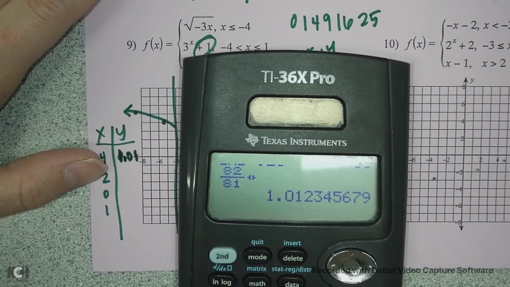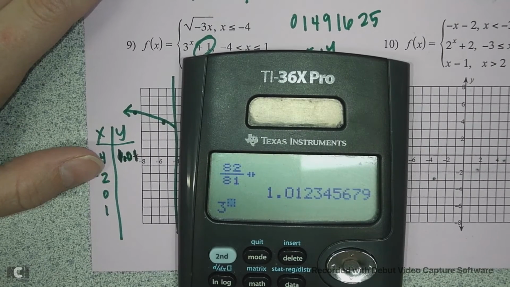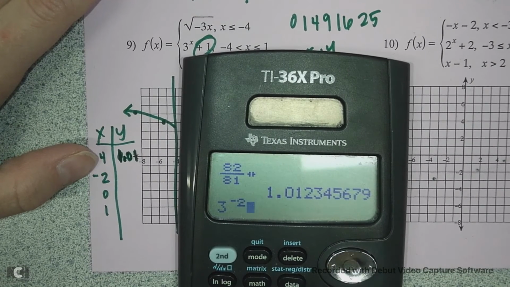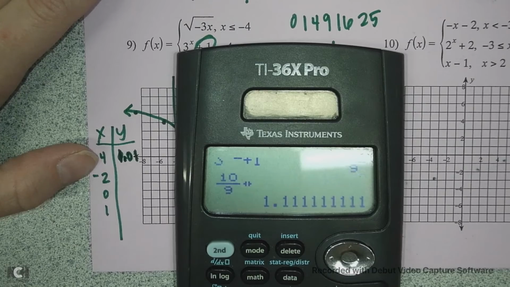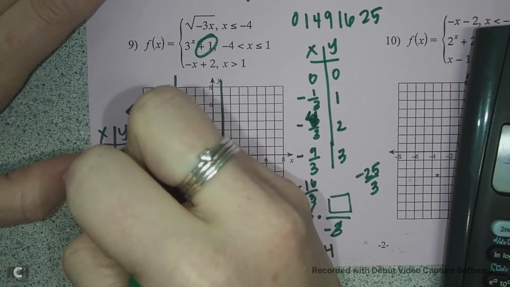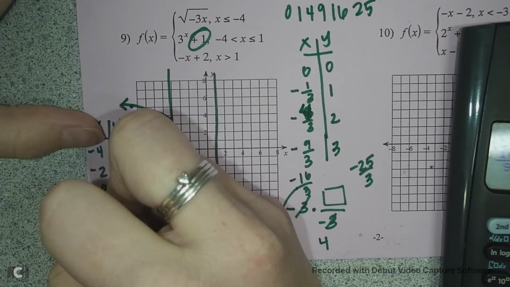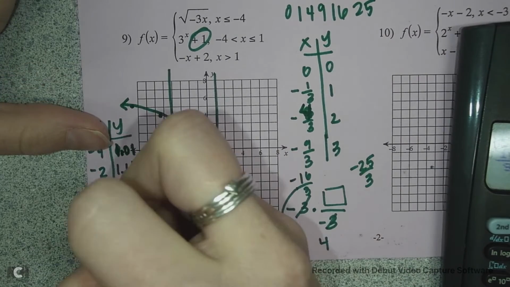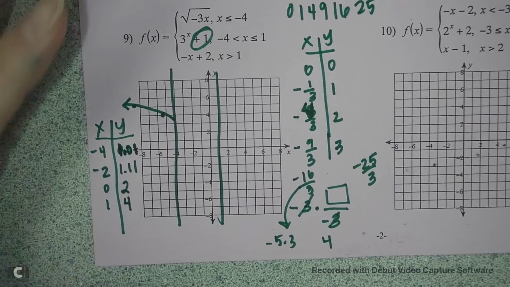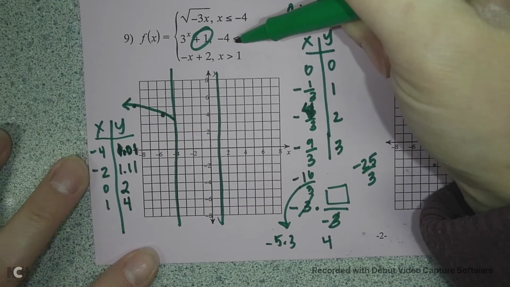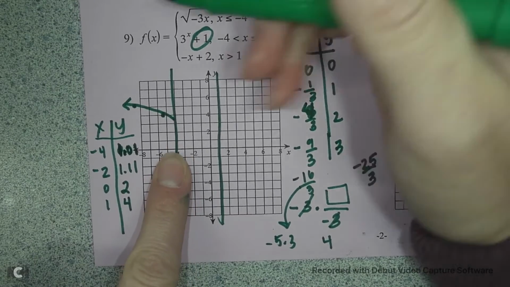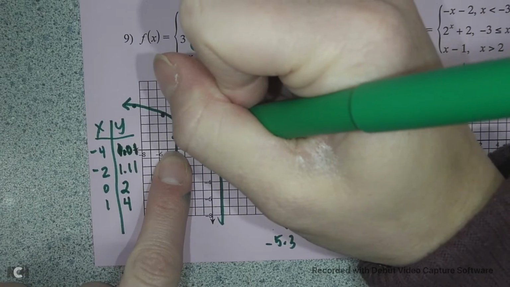Okay, 3 to the -2 plus 1 is 1.11. Anything to the 0 is 1, and 1 plus 1 is 2, and 3 to the 1 is 3, plus 1 is 4.